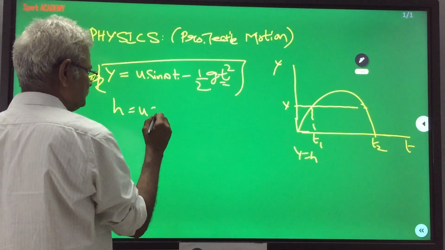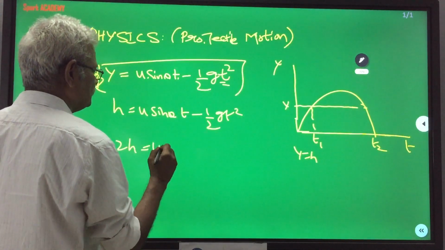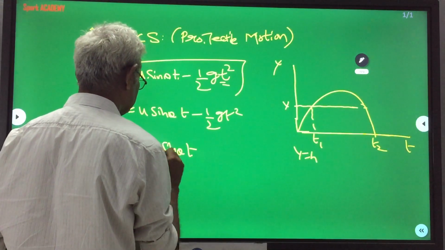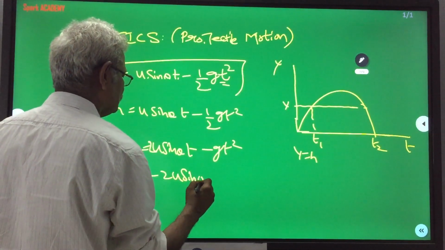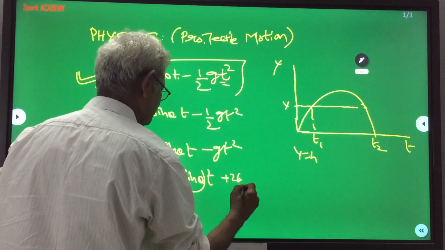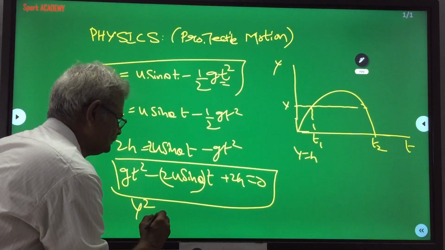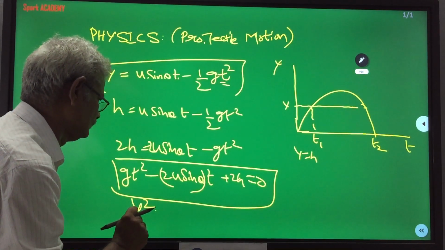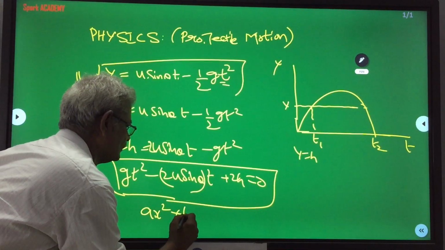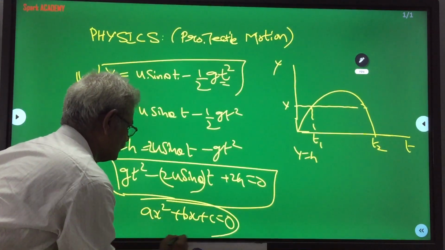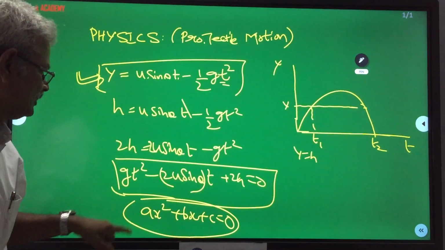So h is equal to u sin theta t minus half g t square, so we'll write it as g t square minus 2u sin theta t plus 2h is equal to 0. This is a parabolic equation. Therefore, the equation of the projectile is parabolic with respect to time also. So this is the equation.